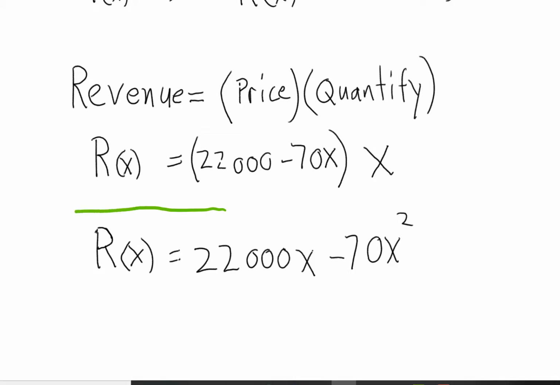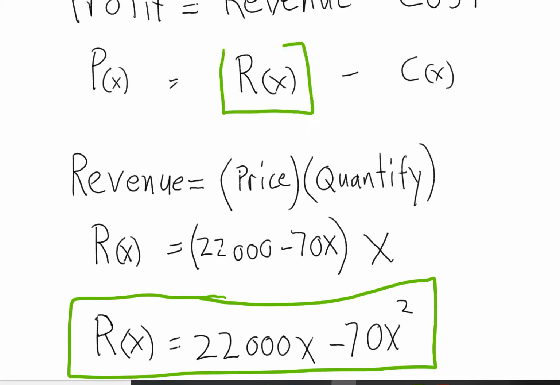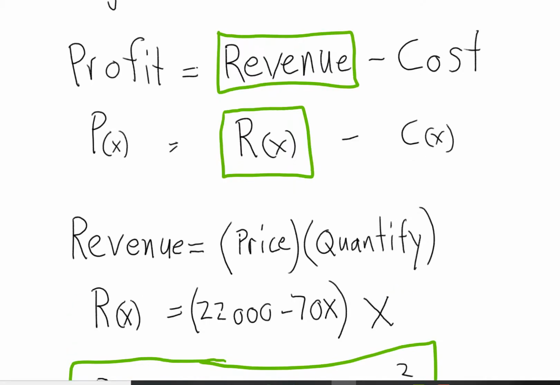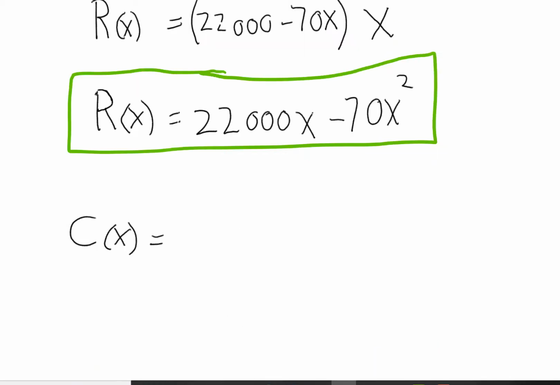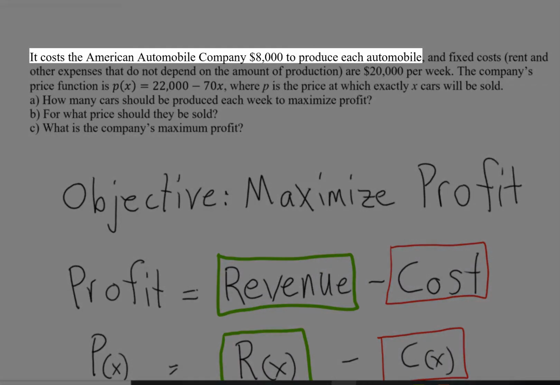Just so we don't get lost, I'm going to highlight that in green, and it stands for my revenue piece up here. So I have half of it finished. We still need to work out these costs and build my cost function. Let's go back up to the problem and think about what costs are involved to produce these cars. The first sentence says it costs $8,000 to produce each automobile.